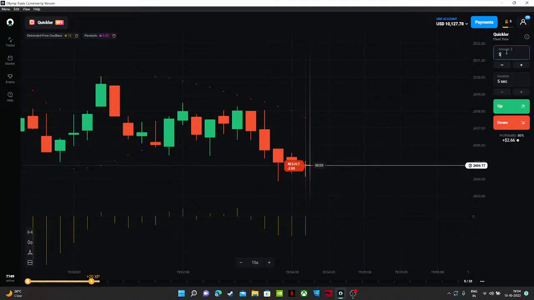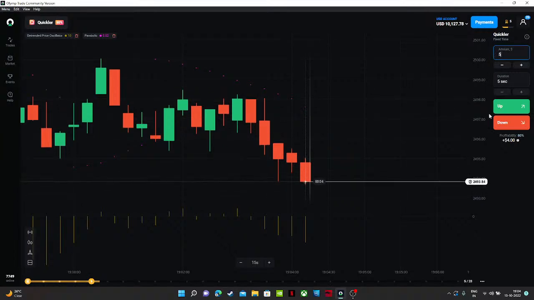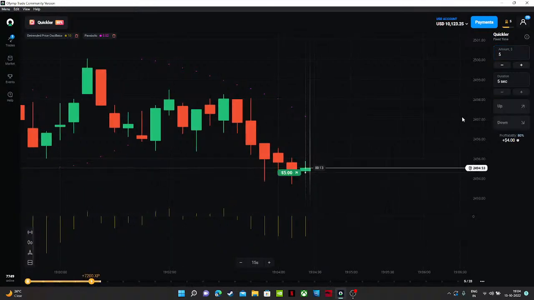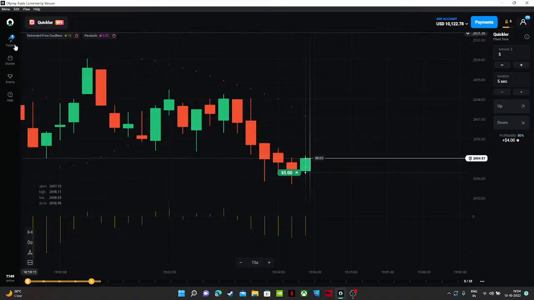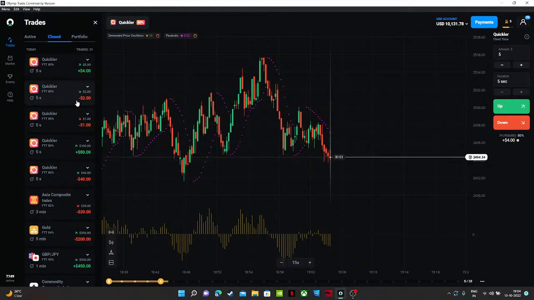Next $5 on the next candle, because we will be having a lot of chances to make one successful trade. So it is a very safe plan. Again, a green candle started to appear, $5 on the upward side. So we won this trade and the whole situation became profitable. This is how you can use the martingale principle.